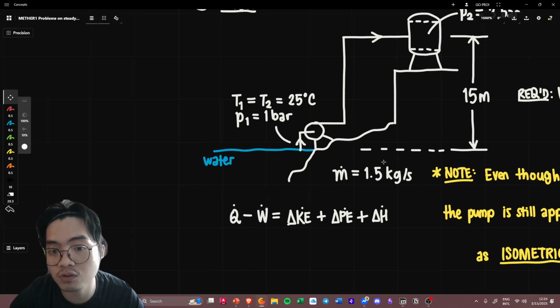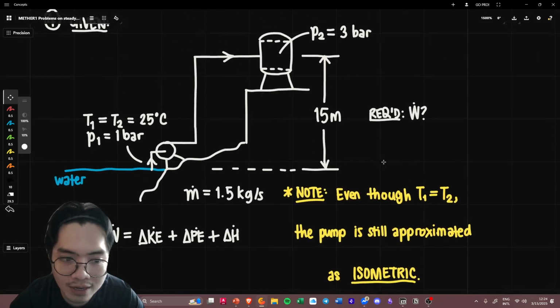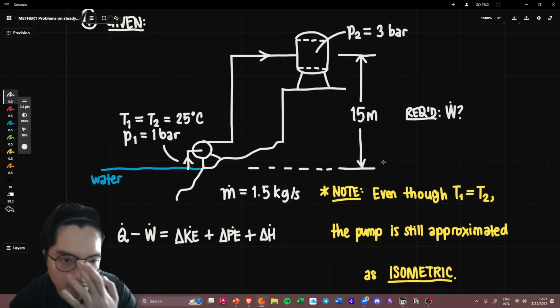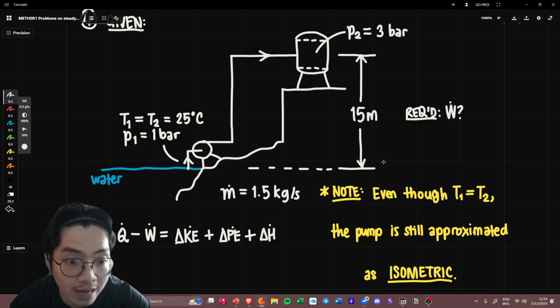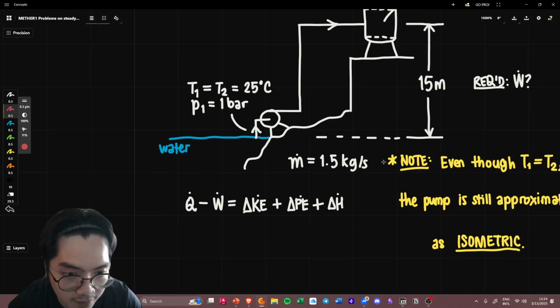But let's remember, I grounded the pump, by the way. What is the ideal process of this pump? The ideal process of the pump is isentropic, or adiabatic, shall we say. Both of those processes describe no heat transfer.